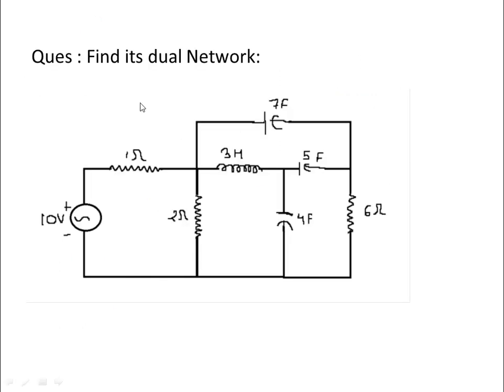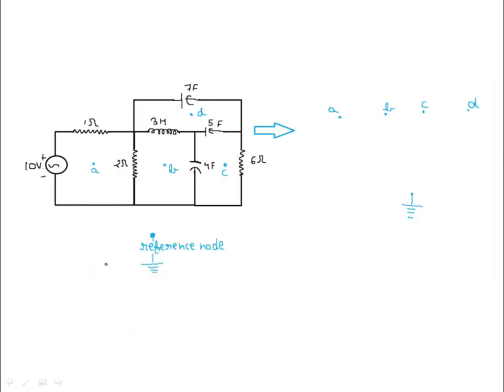Now we have this question. We have to find the dual network of this network. It contains voltage source, resistance, inductance, capacitance, everything in it. So how are you going to solve this? As you know, here each loop will become a node. So how many loops are there? A, B, C, D. So I have marked them as nodes.